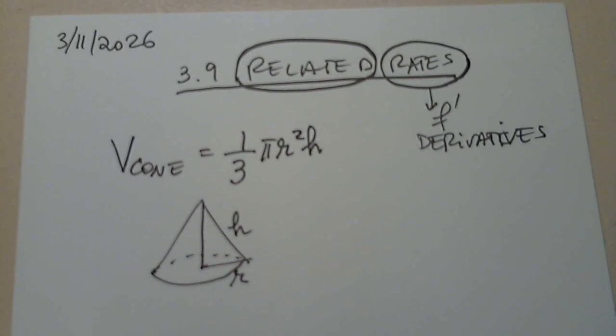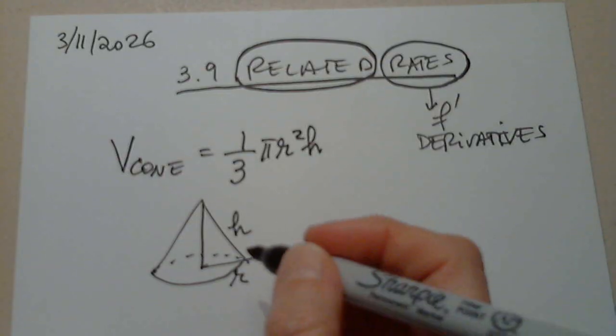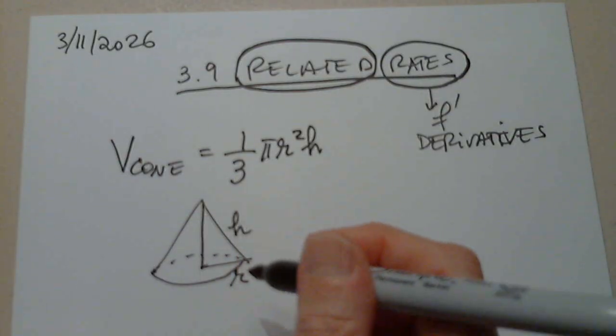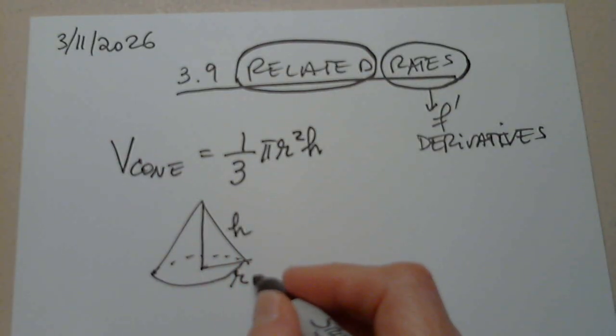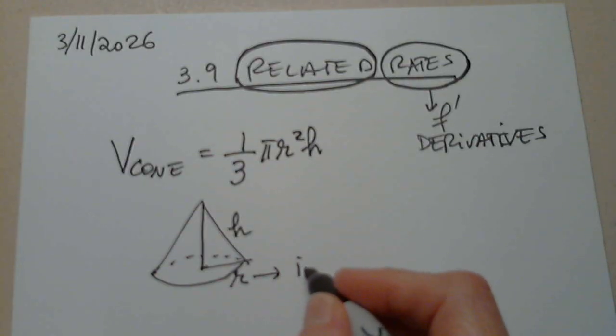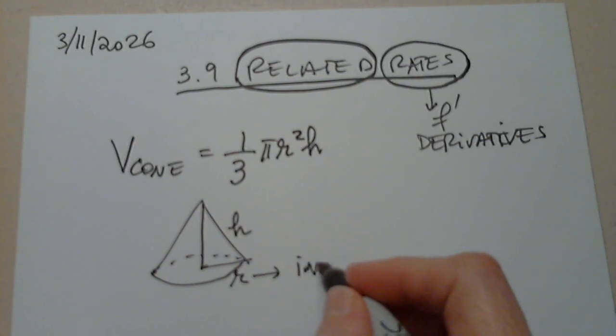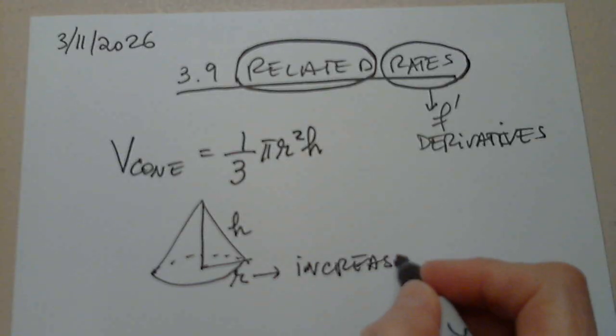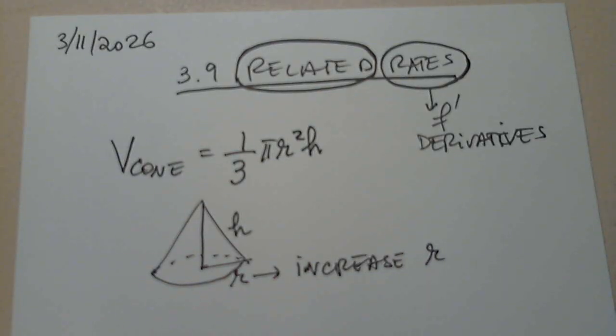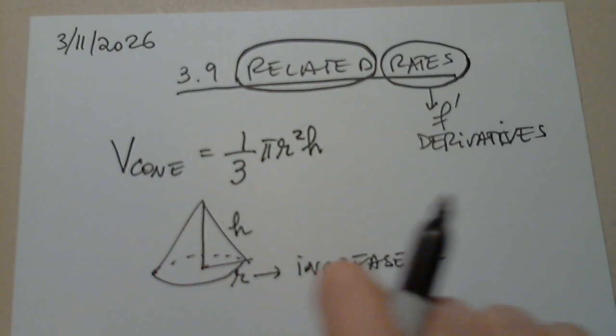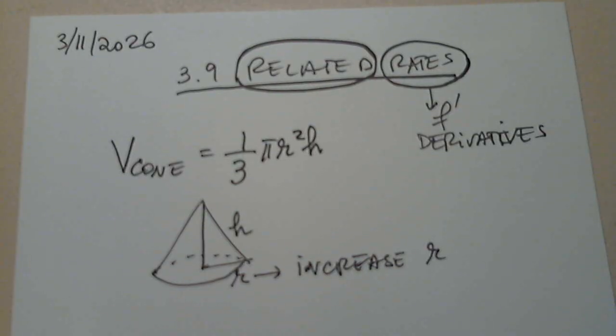Here's the radius. Here's the height. Let's suppose somehow I increase the radius, r. Maybe I stretch it. Maybe it's stretchable or stretchy. So I increase r.